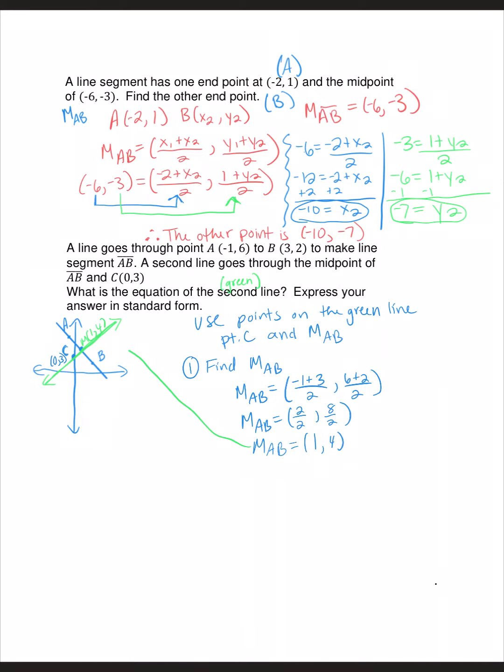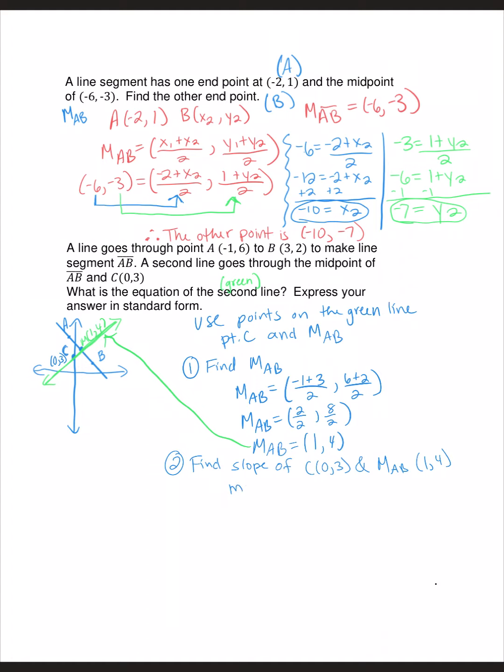So I'm just going to draw, right? We calculated what that midpoint is right there. So now we have 2 points. We have point C and we have point M. So now we can actually work to find our slope. So let's find the slope of C, which is at (0, 3), and my midpoint of AB, which is (1, 4).